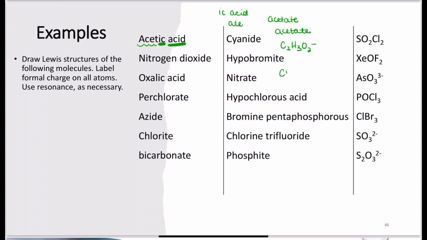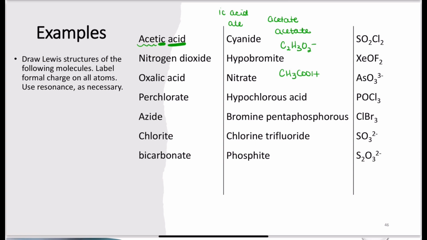The reason I always write this as CH3COOH or COO minus is because of the way it's connected. Now, when you have an acid, you have taken that anion and given it enough protons to make it neutral. In this case, this only has one negative charge, so I'm going to give it 1 proton.